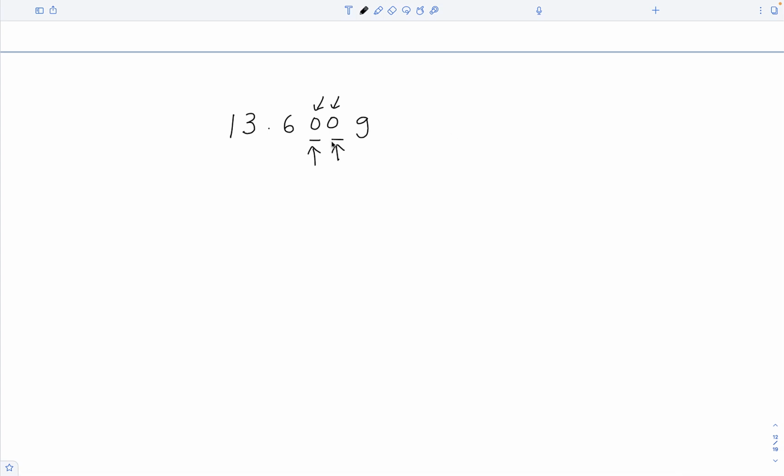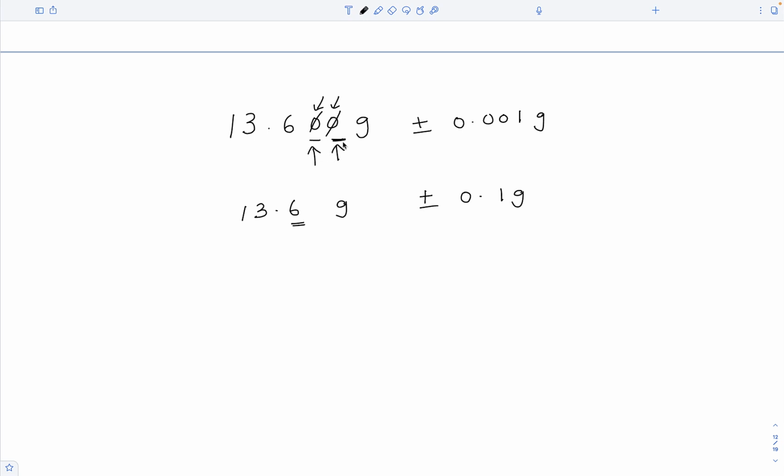So in this measurement, this is the estimated or the doubtful digit. So the implicit or the assumed uncertainty in this case is plus or minus 0.001 grams. And if you choose to drop these two trailing zeros, then the measurement becomes 13.6 grams. Then this digit becomes the doubtful digit and the assumed uncertainty will become 0.1 grams.